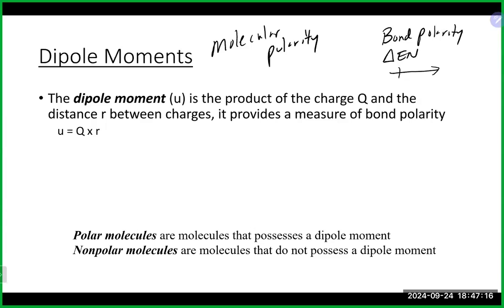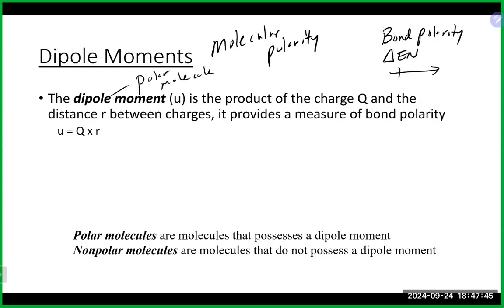When we talk about molecular polarity, we're looking at the entire molecule as a whole, all the bonds that are present. As we did talk about when we did bond polarity, there's only one place where bond polarity and molecular polarity will be the same, and that's when you're only dealing with a diatomic molecule and you just have basically two atoms involved. Now, if you have a dipole moment, that is for polar molecules.